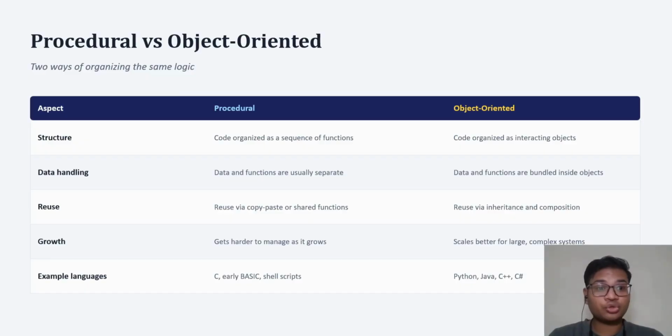When we talk about growth, procedural gets harder to manage as it grows, and object-oriented scales better for large complex systems. For example, procedural languages are C, early BASIC, and shell script, but object-oriented are Python, Java, C++, and C#. So this is the key difference between procedural and object-oriented. That's all. Let's move forward.